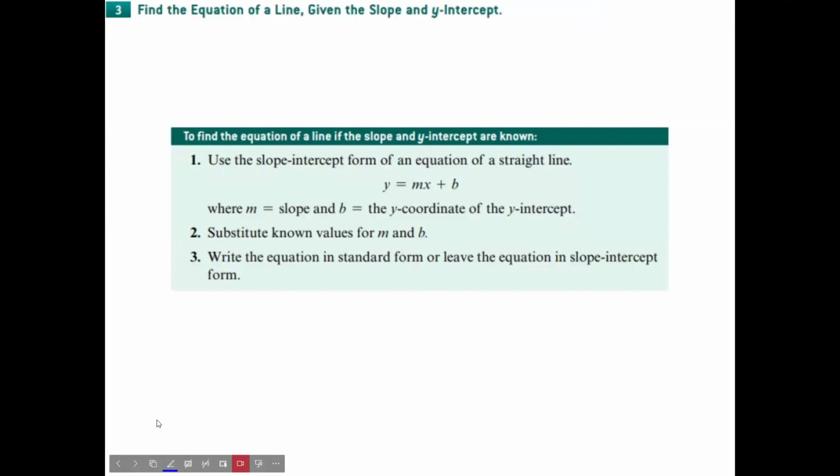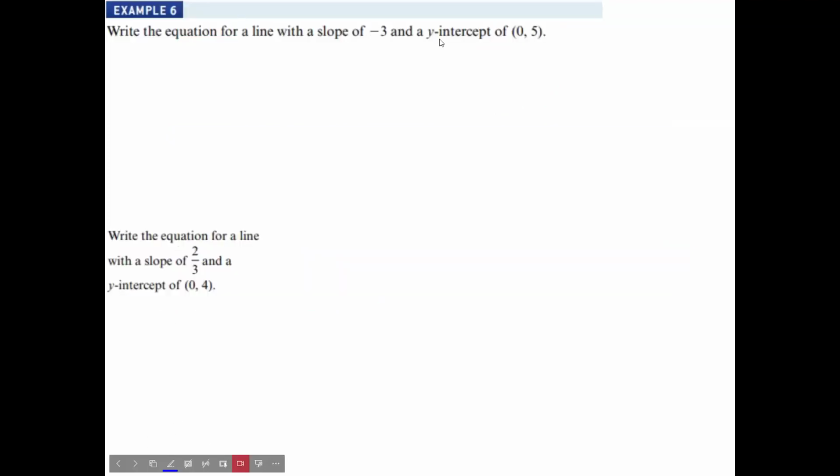Okay. Find the equation of a line given the slope and y-intercept. So basically, well, if we have b and we have m. So let's do it. Equation of line with slope minus 3, intercept, so b is 5. Just about this, nothing too serious, too complicated.